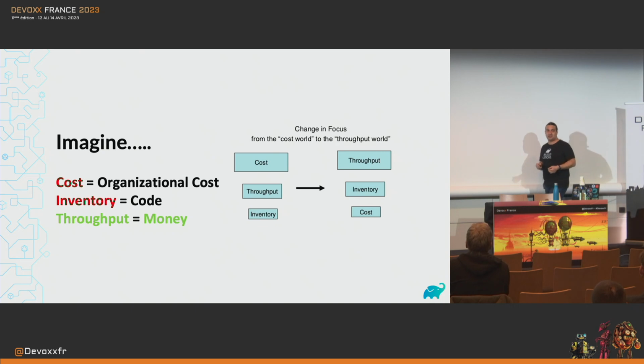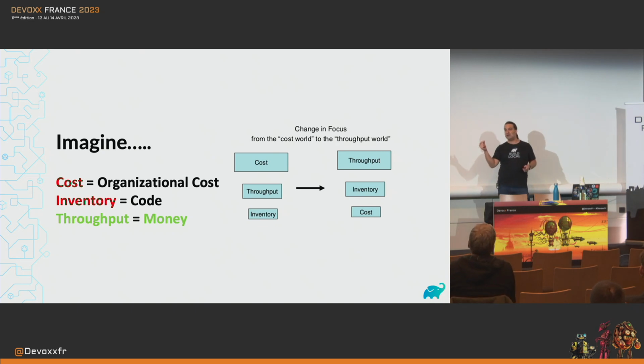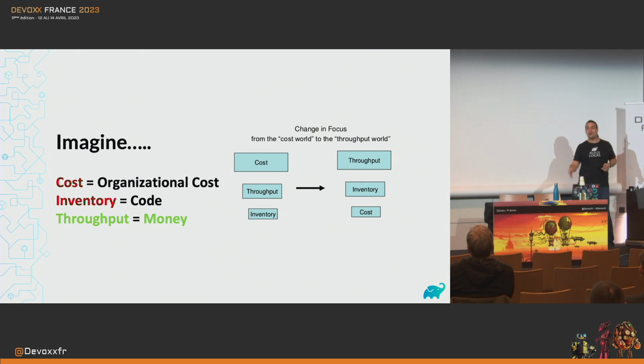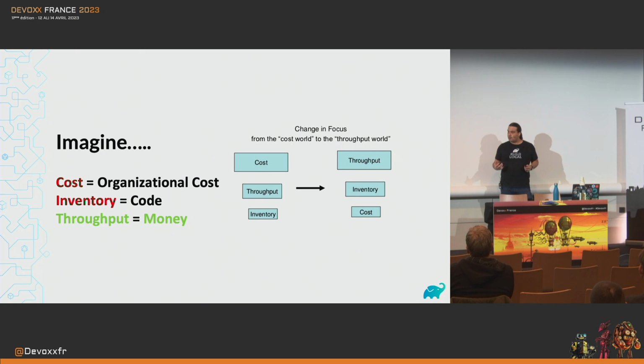So what did DevOps teach us, right? Continuous release, continuous integration, continuous deployment. Always be deploying, right? Amazon was the first model for this, releasing code every 11 seconds to production. Every 11 seconds. Because what does that do? It decreases the time between our code inventory becoming throughput and money for the business, right?